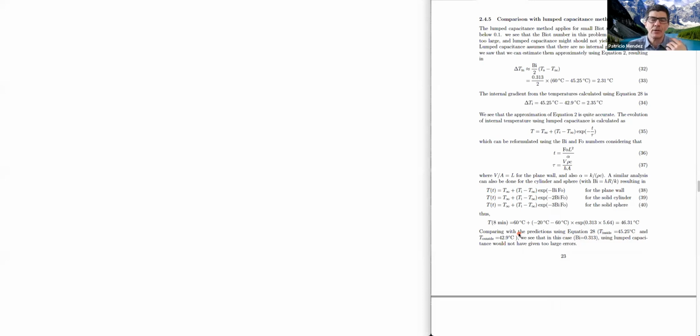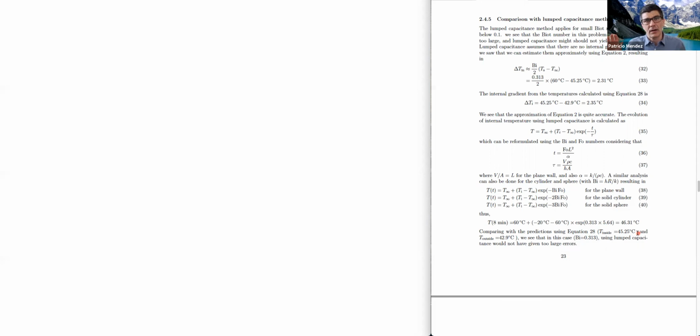It says that if we had considered lumped capacitance, we would say that the outer surface of the pipe and the inner surface of the pipe would be at the same temperature. Of course, it's lumped capacitance. But that temperature would be 46 degrees C. Not too bad. Wouldn't have been too bad.